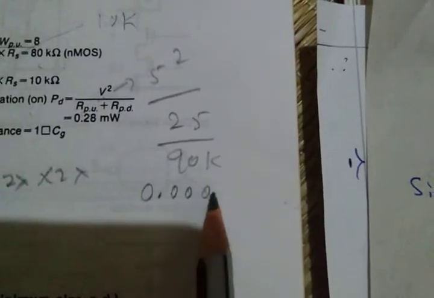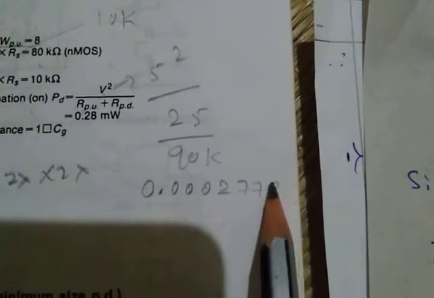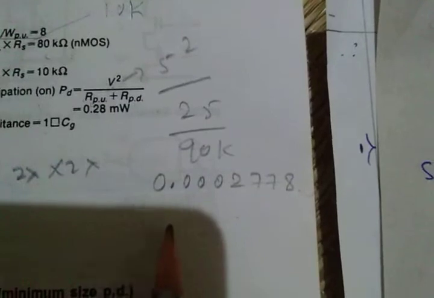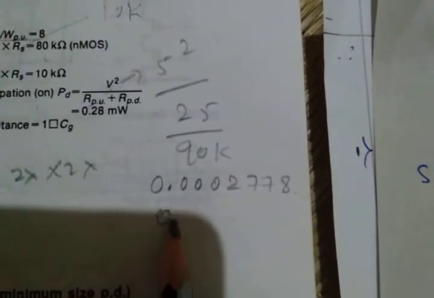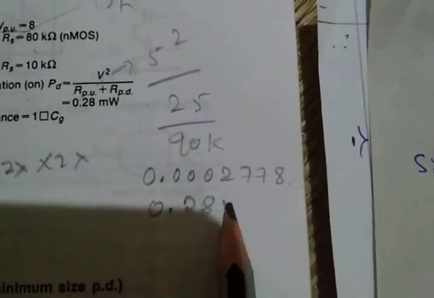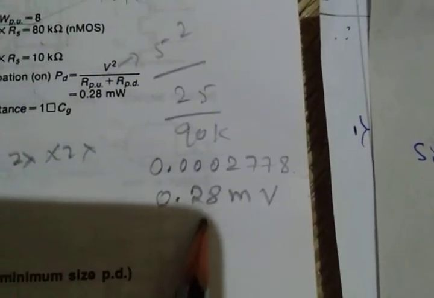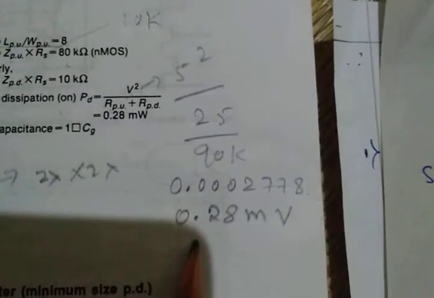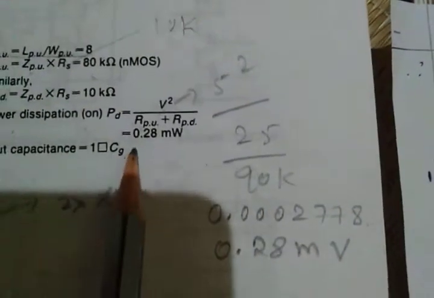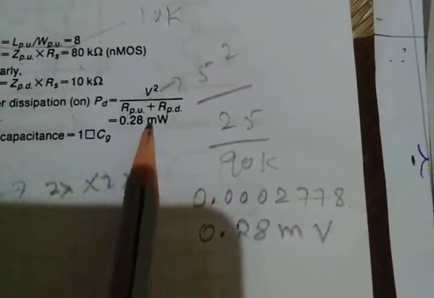So 5 squared means 25, and 25 divided by 90K, approximately you will get 0.000277, so finally you can write it as 0.28 milliwatts. Okay, so this is the value for the power dissipation.